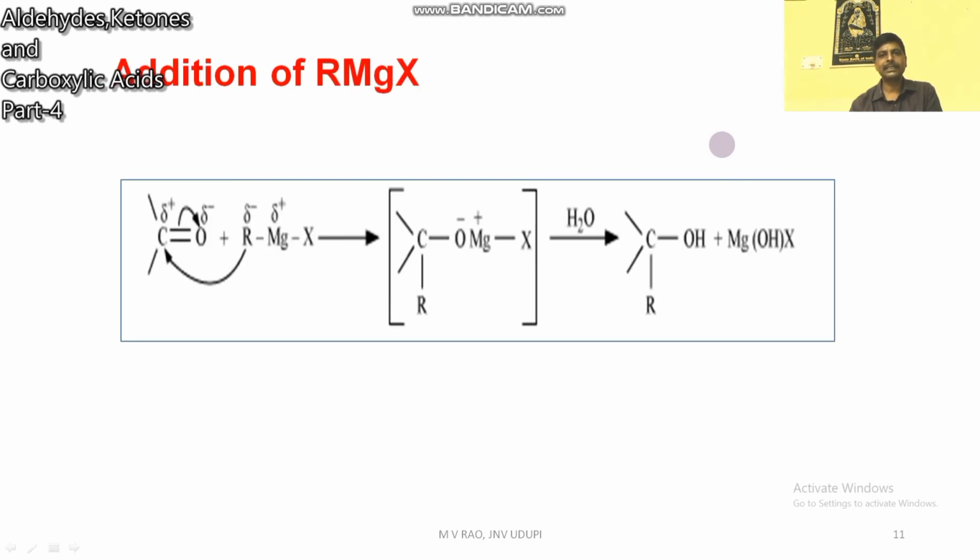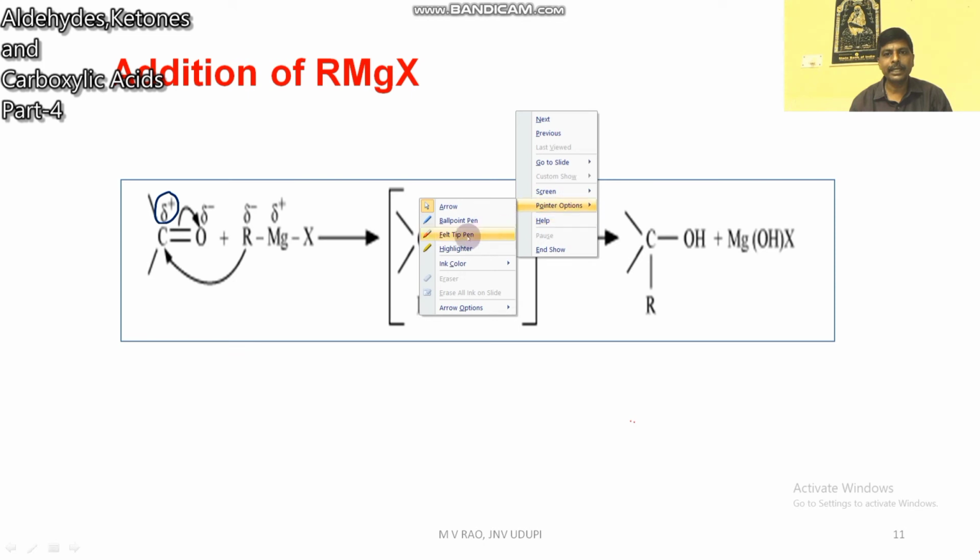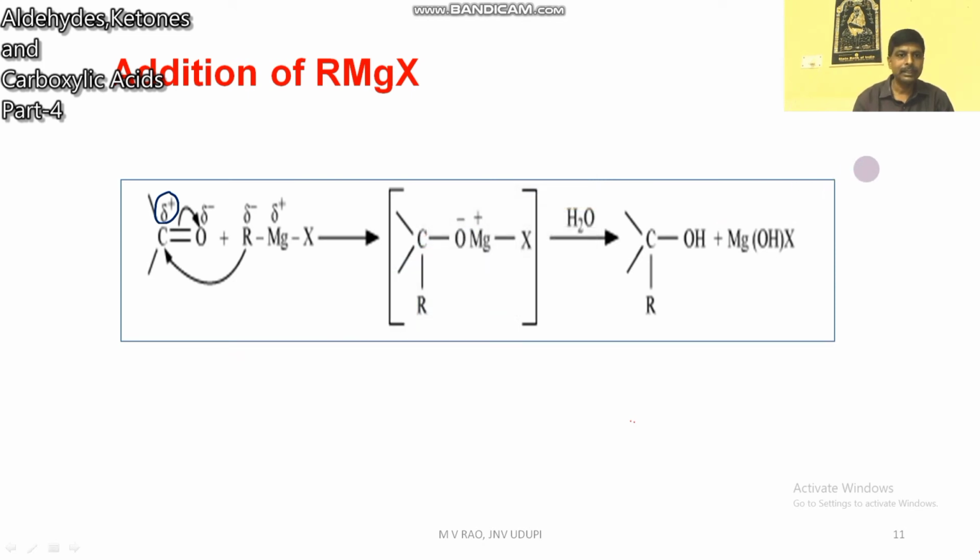Next, the mechanism of this Grignard reagent reaction: addition of Grignard reagent to the carbonyl group. The carbonyl group has delta plus, delta minus. In the Grignard reagent, the metal magnesium is positive, the alkyl group is negative.